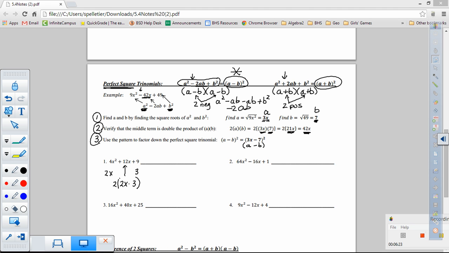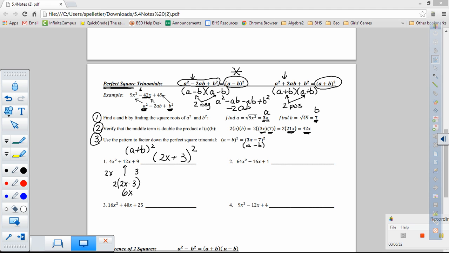So 2x times 3, multiply them together, that's 6x, and double that would give you 12x. So this is a perfect square trinomial, and since it's the positive one, you look up there to which of the formulas you need, and the positive one ends up being a plus b squared. So you have a, 2x, plus b, 3 squared.